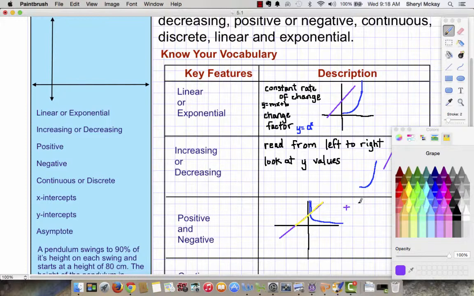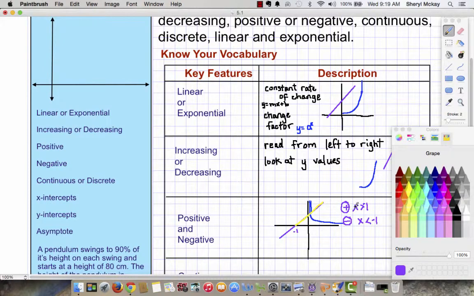they're positive, I'll just put a little positive sign, when x is, and we'll just say that's a -1 right there, all right? When x is greater than -1. So they're positive when x is greater than -1, okay? And they are negative, the y values are negative when x is less than -1.